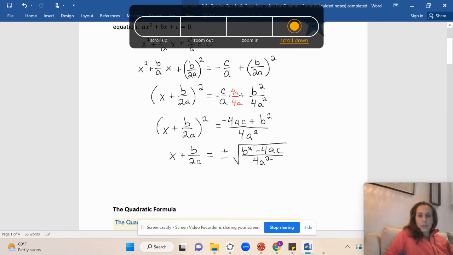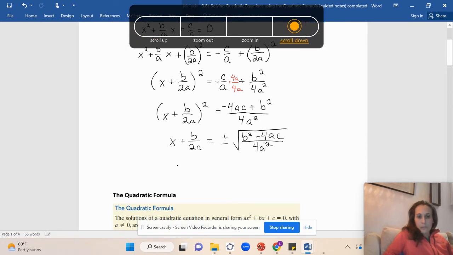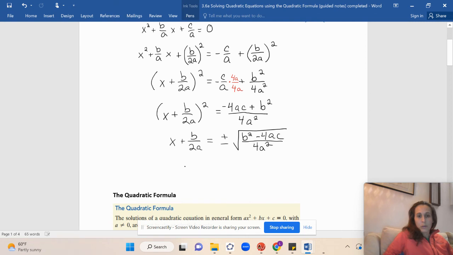And next we can go ahead and subtract b over 2a from both sides, which gives us negative b over 2a plus or minus the square root here. We can't really take the square root of the numerator because we have a difference of these two terms, b squared minus 4ac.